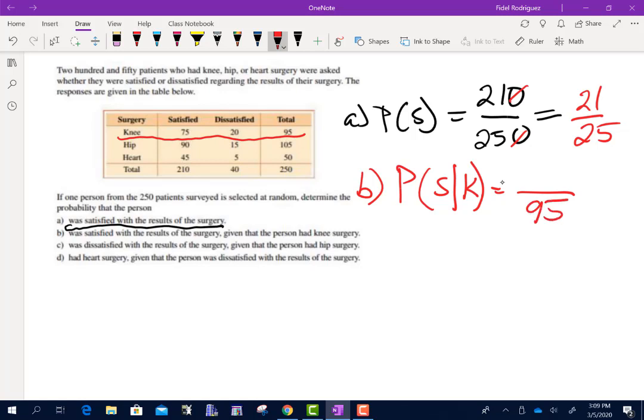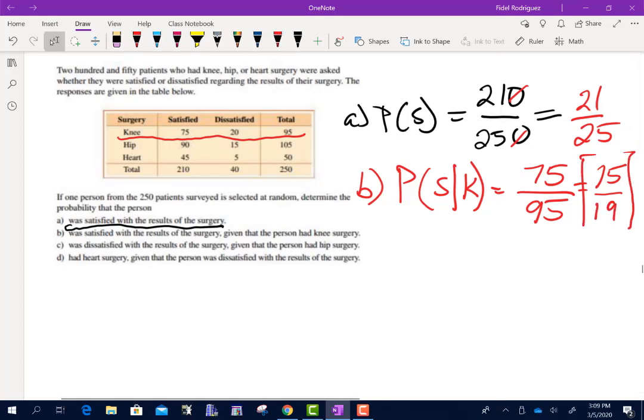Well, we had a total of 95. Out of those 95, how many were actually satisfied? 75 of them. If we divide both of them by 5, this should be something like 15. And let's see, what's 95 divided by 5? What's that, 19?